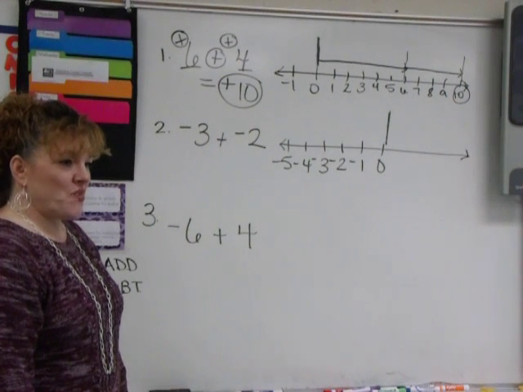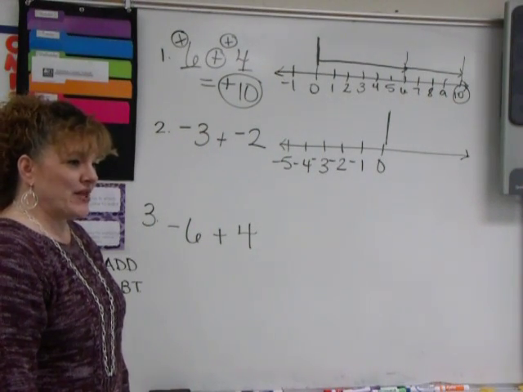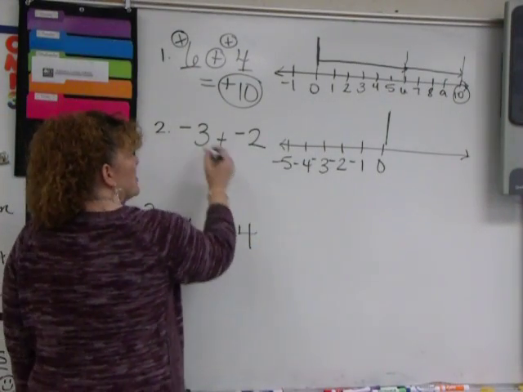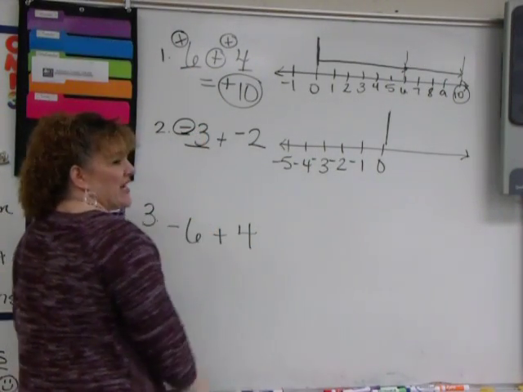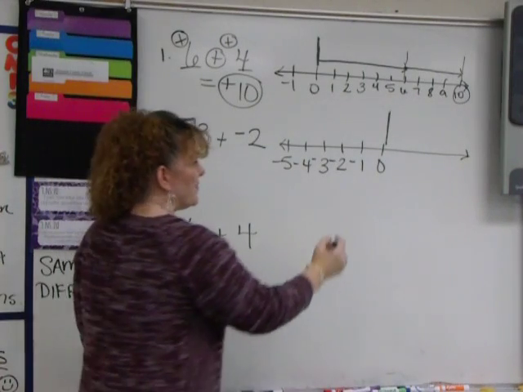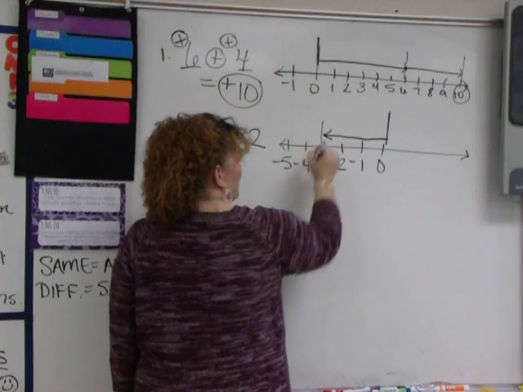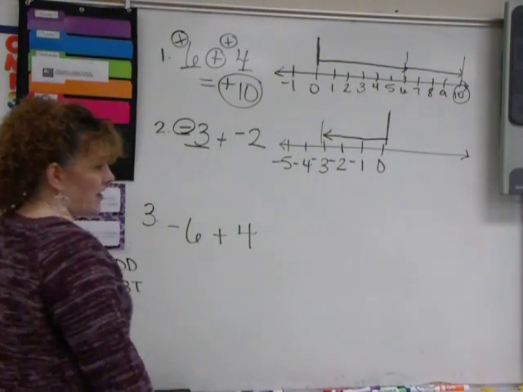The sign tells you what direction to move. The number tells you how many times to move in that direction. So it says move to the left 3 times from 0. So I'm going to move to the left 1, 2, 3 times, and it puts me right there at -3.